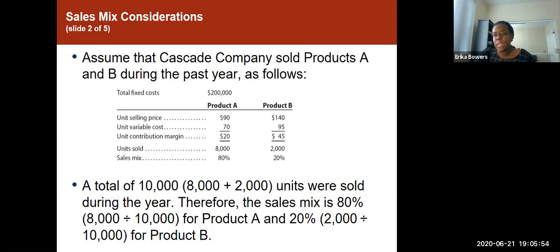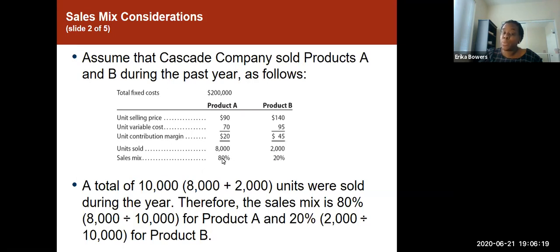So we can calculate the sales mix by saying, what is the total amount of units that I've sold? So we see product A is 8,000, product B is 2,000. So that's 10,000 units. So to see what the percentage is for product A, it is the units sold of product A divided by the total units sold.